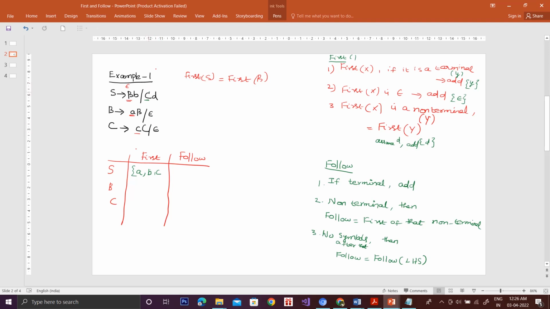When I substitute epsilon, the C gets cancelled, and first of S is d as well. Since first of C is epsilon also, we have to add first of B as well as first of C is epsilon, so we are adding epsilon.